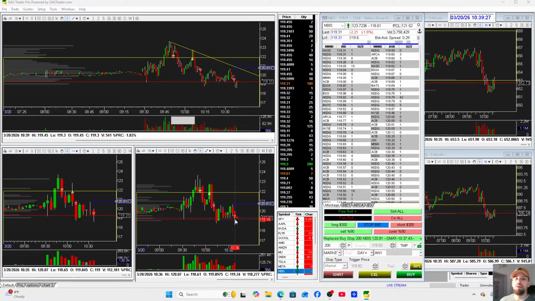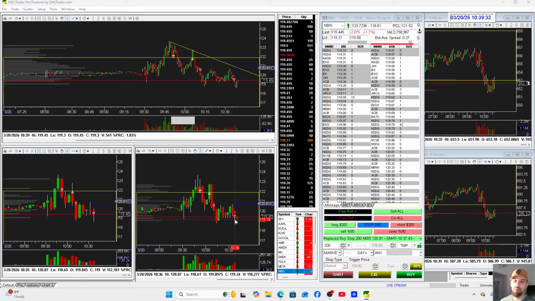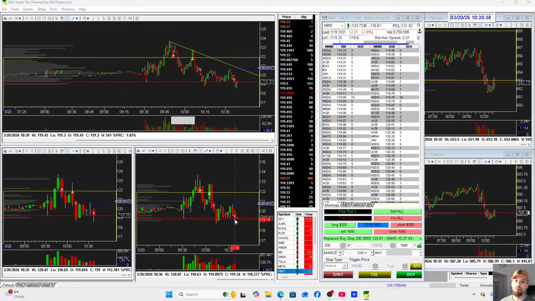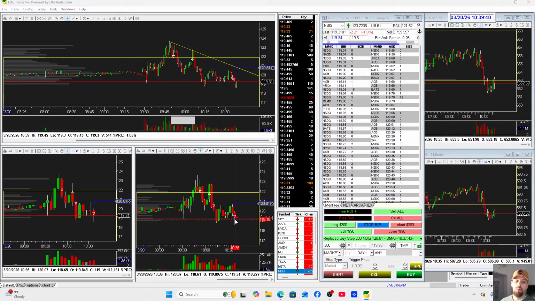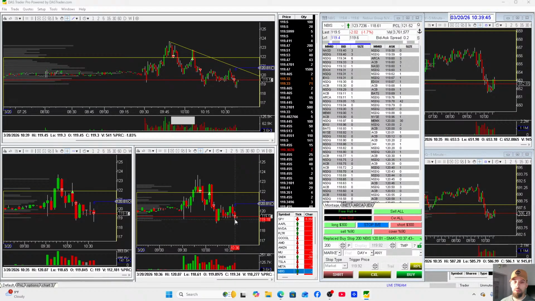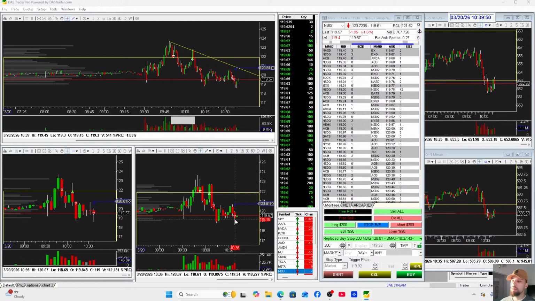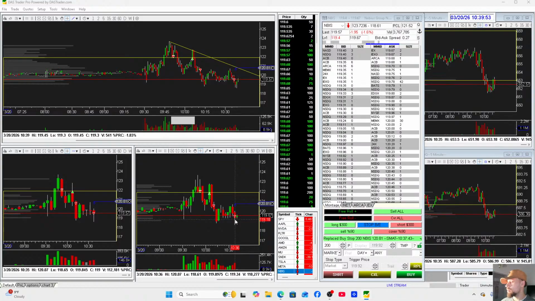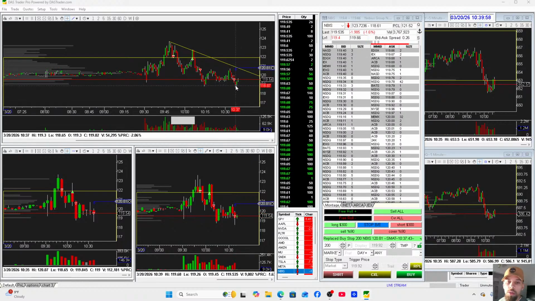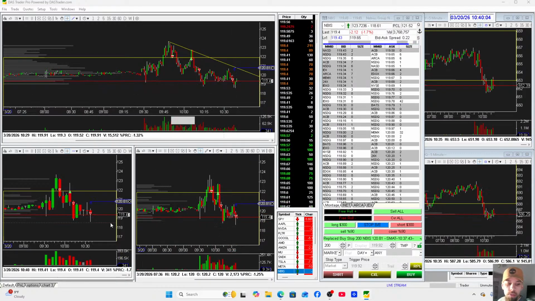This next 3-minute candle is pretty important, I'd say. There's a nice add to our position for the squeeze here. But the big move hasn't happened yet.